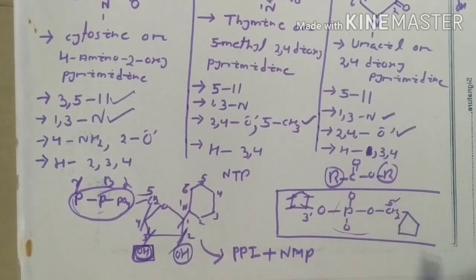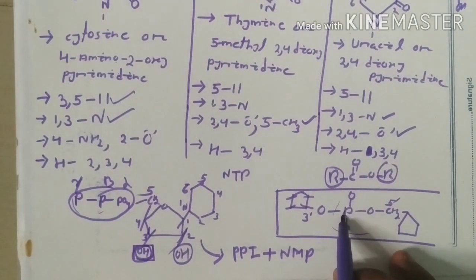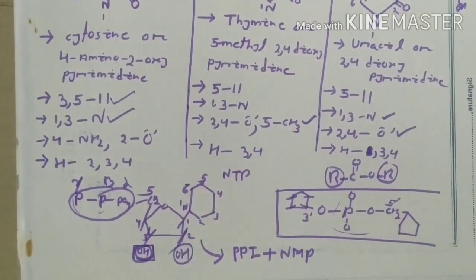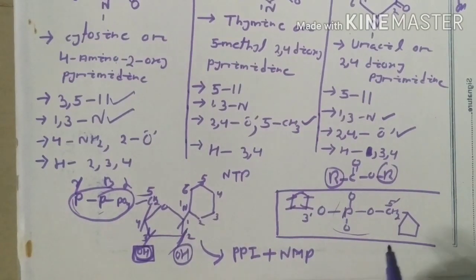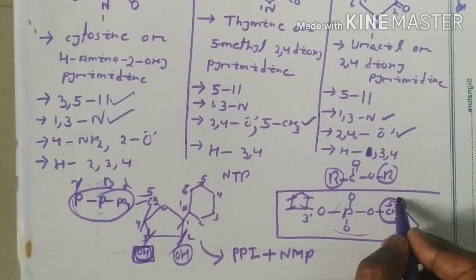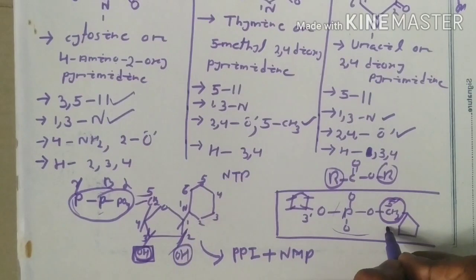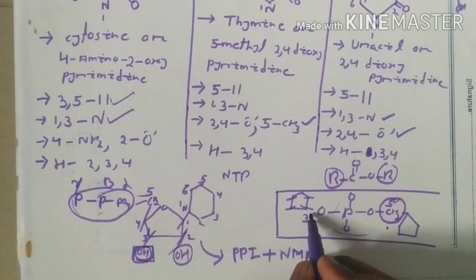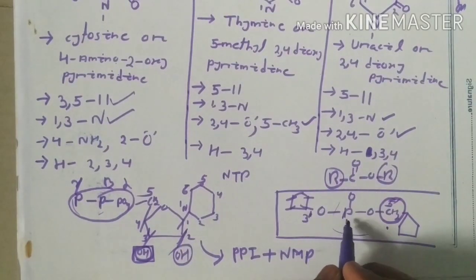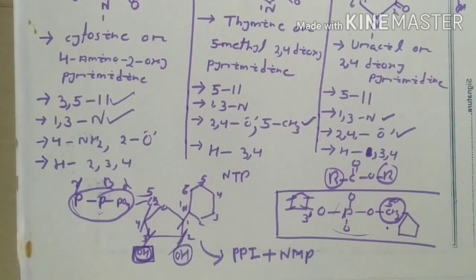There are 2 ester bonds, so it is known as diester bond, and the bond of this ester is phosphate, so this is known as phosphodiester, and it is formed between a 5' phosphate of one sugar and a 3' phosphate of another sugar, and it is the reason we named the different ends of the DNA as 3' and 5'.